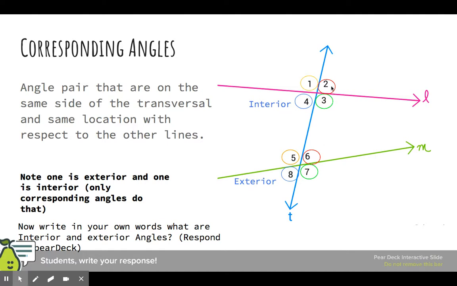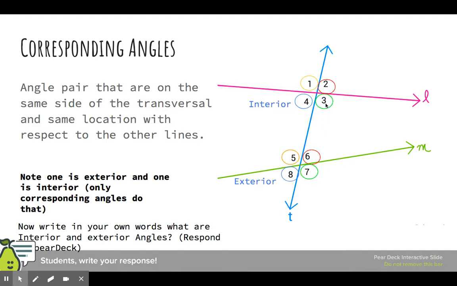So angles 2 and 6 would be corresponding angles. If we do the same thing again with angle 3, then angle 3 is below the pink line. Then I'm going to look at the angle below the green line, which is angle 7.